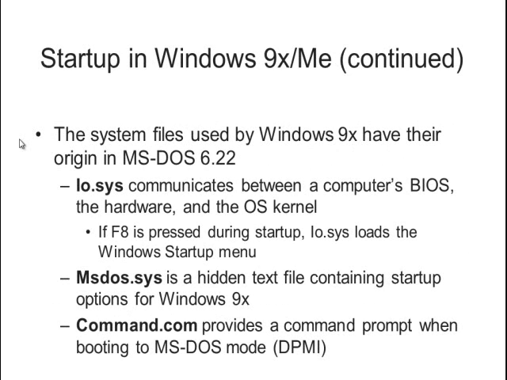If F8 is pressed during startup, io.sys loads the Windows startup menu. MS-DOS.sys is a hidden text file containing startup options for Windows 9X. The command.com provides a command prompt when booting MS-DOS mode DPMI.